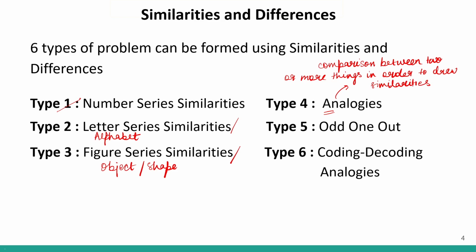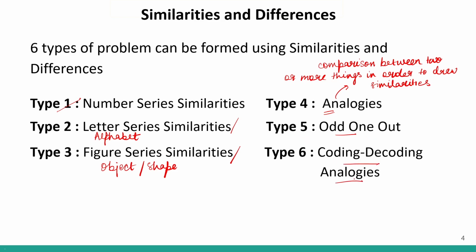So this is the meaning of analogies. So we can get analogy types of questions as well. Then we have odd one out. So in odd one out, we are given 5 options, 4 options, and out of those, one option is something that is not following the same logic or the same pattern, and we have to identify that. So this is also a type of question that can come into similarities and differences.